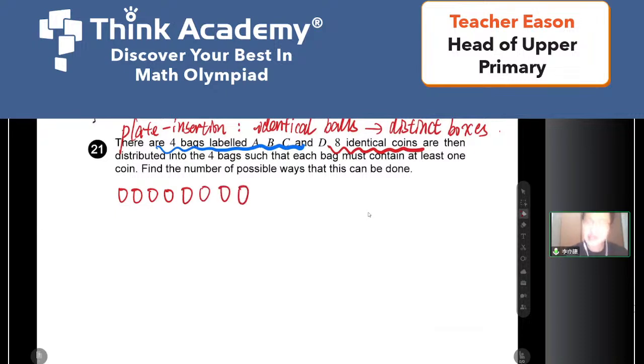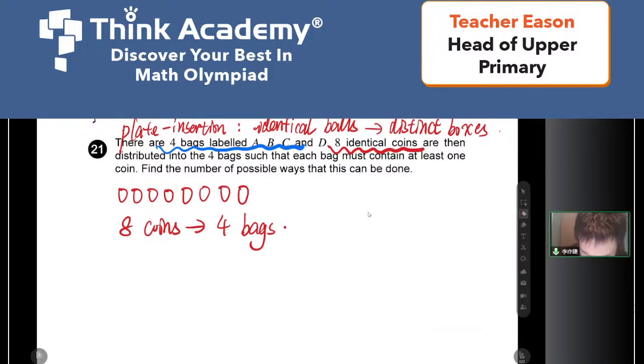If we want to make these 8 coins into 4 different bags, 1 bag means 1 pile. If we want to divide the whole into 4 piles, we imagine that we insert some plates among the 8 coins to make it pile to pile. So how many plates do we need to insert? Must be 3, right?